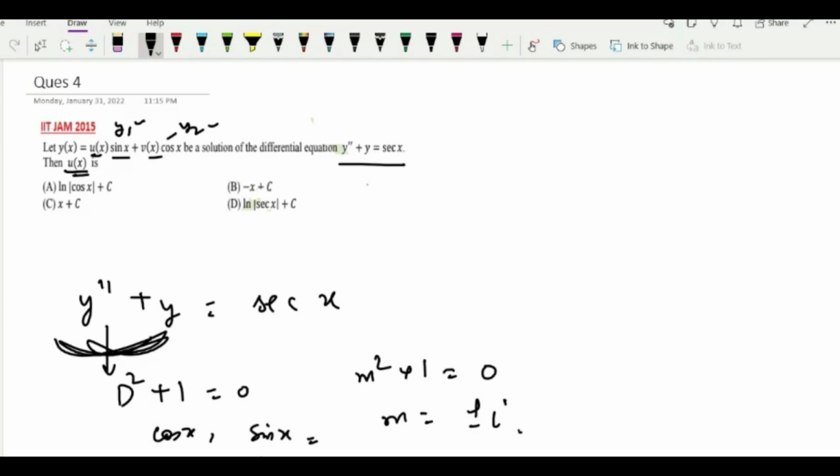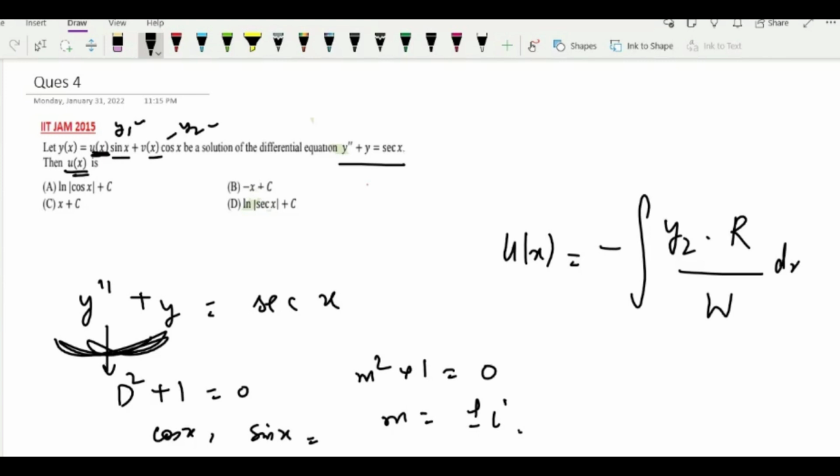So this is a very simple question. We know the value of u(x) will be given by the one with y1, so it will be equal to minus integration of y2 into r upon Wronskian dx plus c1. They have only asked about the first part, u(x).